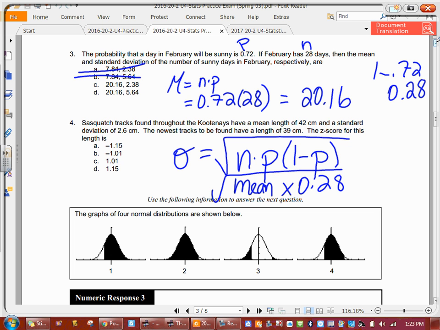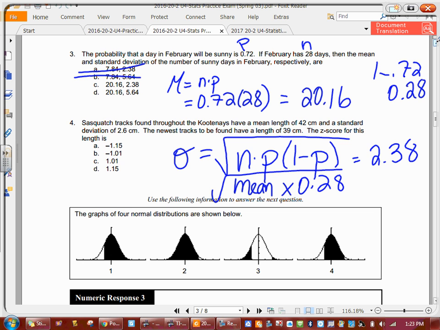Right, you're going to get 2.38. This is still for number 3. I'm just using a lot of space to write. If you solve everything under the root sign and then just put that one answer under the root sign, that's fine. Of course it'll work, as long as you use every decimal. Okay, so yes, the answer is C.